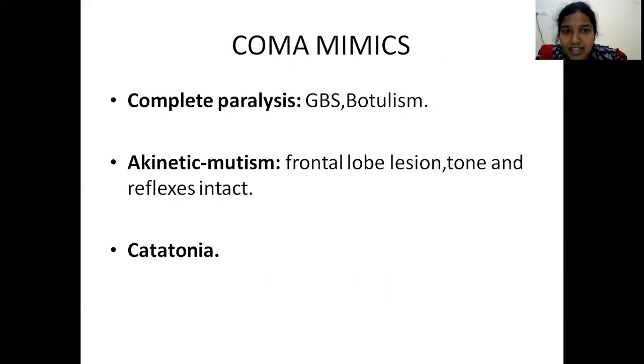So coma mimics. We should not confuse coma with these other causes, the coma mimics. For example, complete paralysis, which is seen in GBS and botulism, and akinetic mutism, which is seen in frontal lobe lesion, in which tone and reflexes are intact, and also in catatonia.